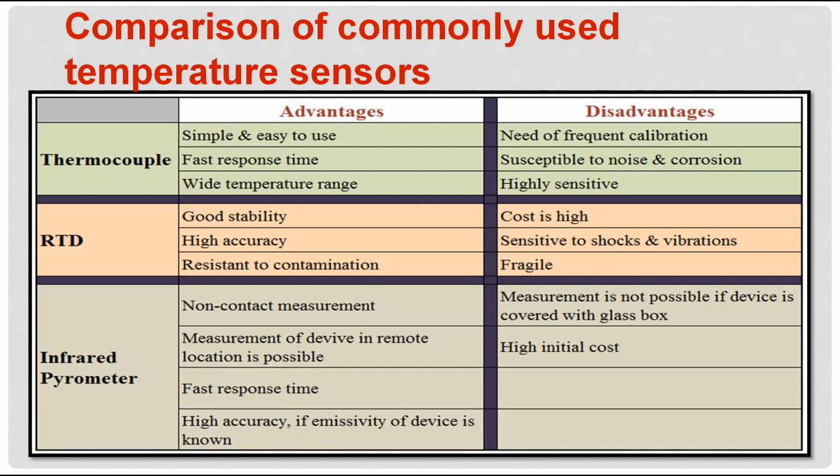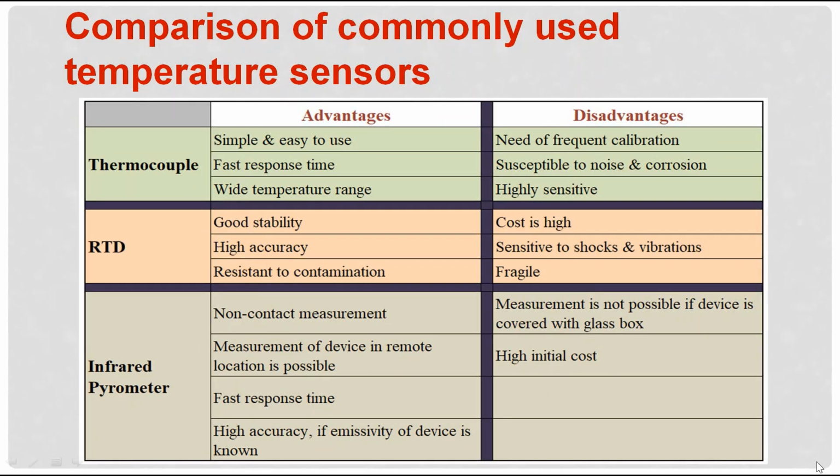If we talk about RTD, it has good stability with high accuracy and it is resistant to contamination. But the cost is high. It is sensitive to shocks and vibrations, and it is fragile.